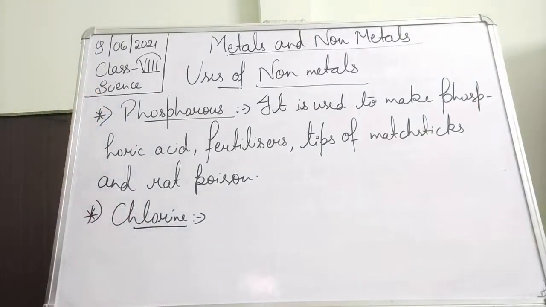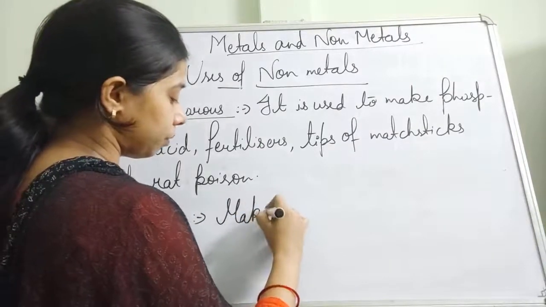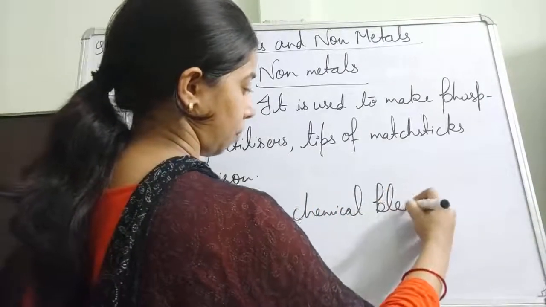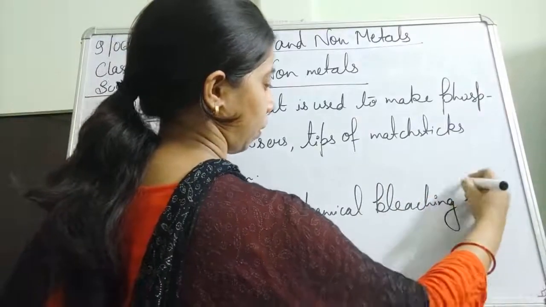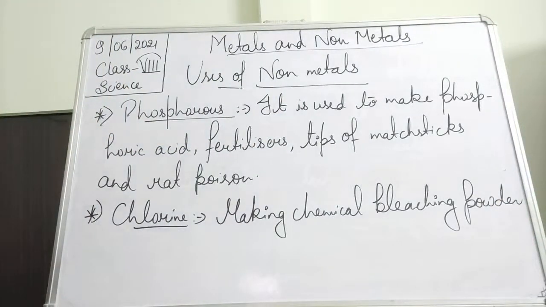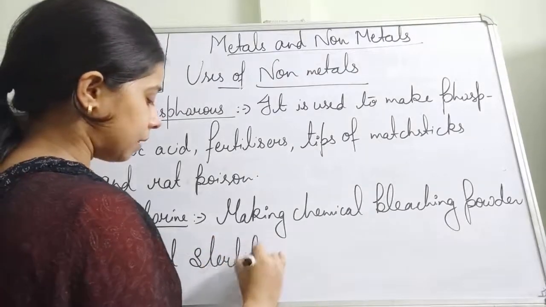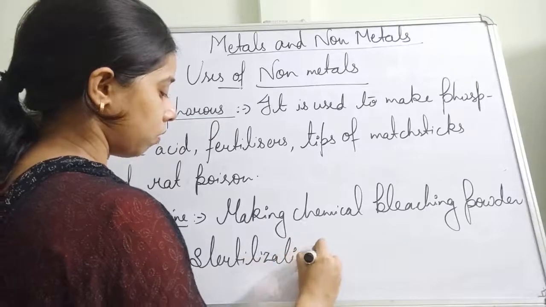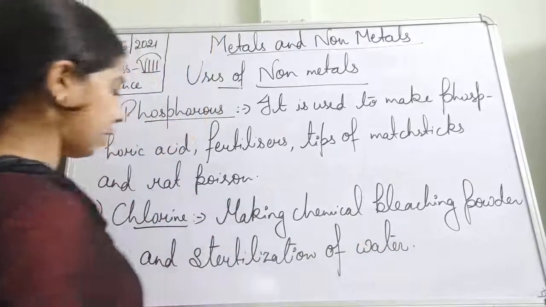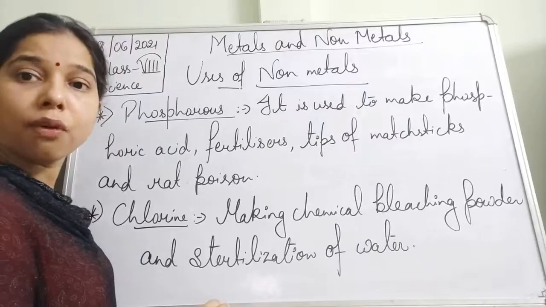So we can say here that it is used for making chemical bleaching powder, as well as sterilization of water.